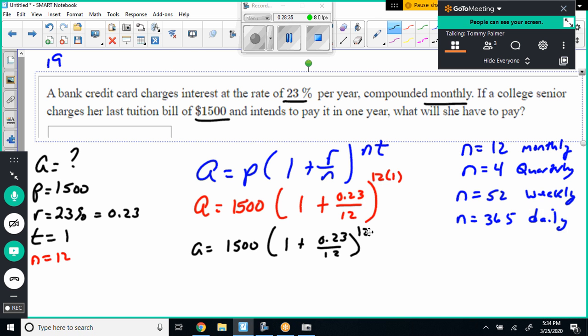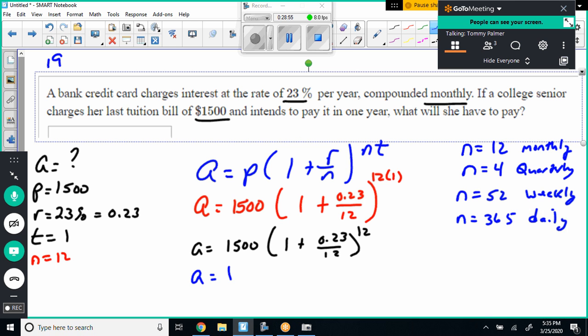I do 0.23 divided by 12 and hit enter. Then I add 1, enter. Then I raise it to the 12th power and hit enter. Then I multiply by $1,500 and hit enter.